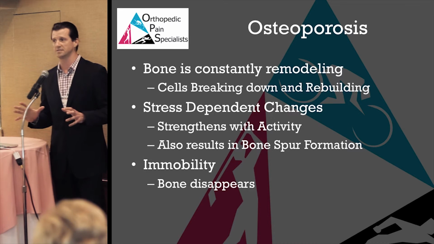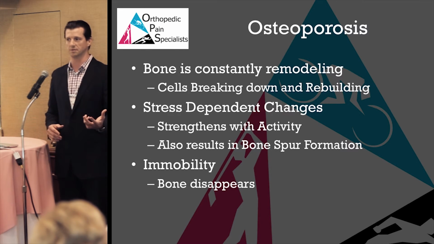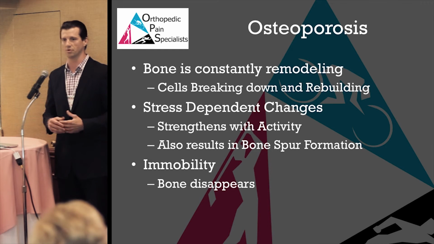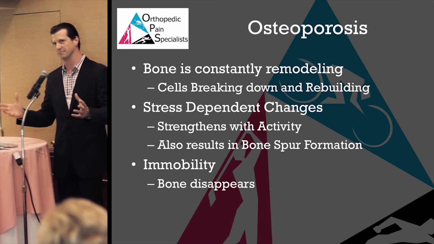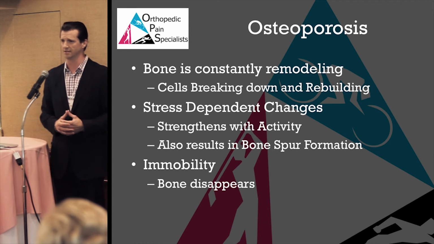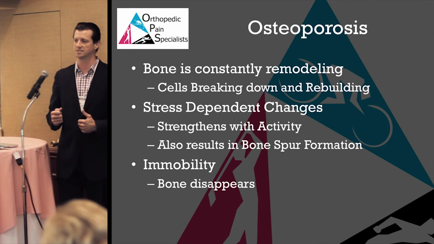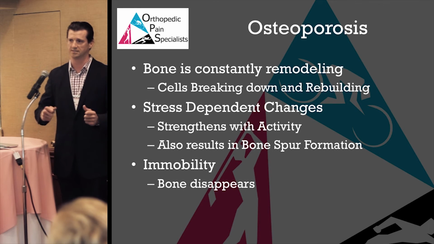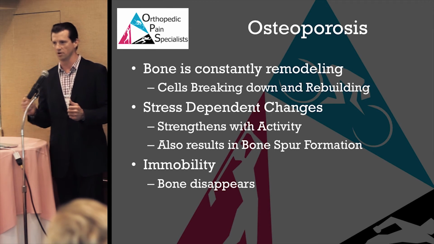So bone is constantly remodeling. Cells are breaking down bone and rebuilding bone. This is the natural course, the natural progression. And this may be the wrong analogy, but Thai fighters, the fighters from Thailand, they do a lot of kicks. And one of the things they'll do starting at a very early age is they take bamboo sticks and they hit themselves on the shins over and over and over again.